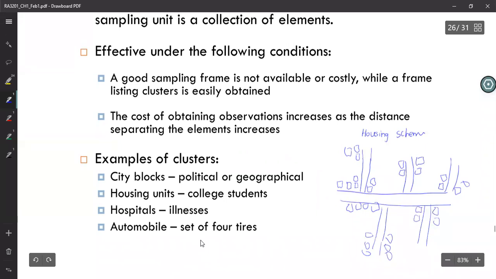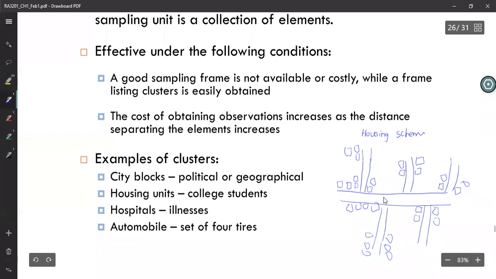So what do you see? If a person wants to do a household survey in this housing scheme, about whether they are satisfied with their waste management, okay? So they want to know whether these residents are happy about the waste management done by this housing scheme.